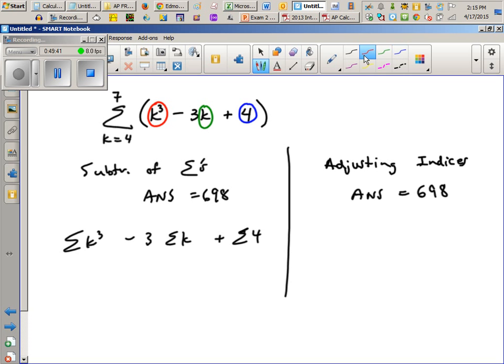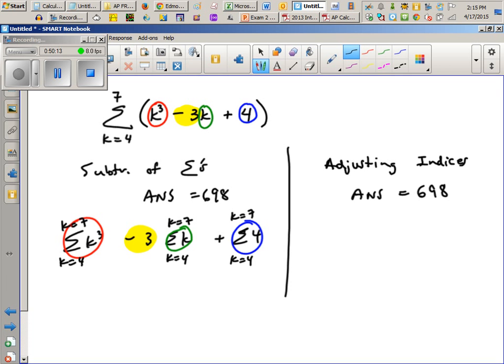So I distributed the sigma symbol, you could say. Notice where the negative 3 goes. The negative 3 was here, but now it's in front of its own sigma. And all of these sigmas run basically from k equals 4 to k equals 7.